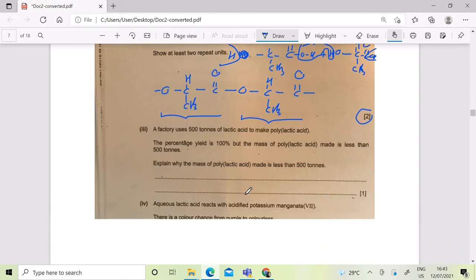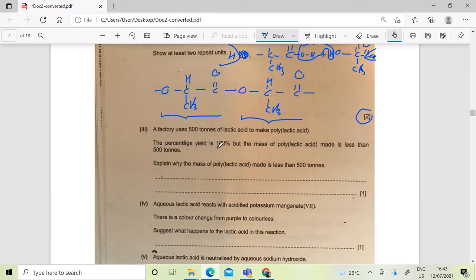Next one. A factory used 500 tons of lactic acid to make polylactic acid. The percentage yield is 100%, but the mass of polylactic acid made is less than 500 tons. Explain why. As you know, when you do this reaction, you will get water as a byproduct.